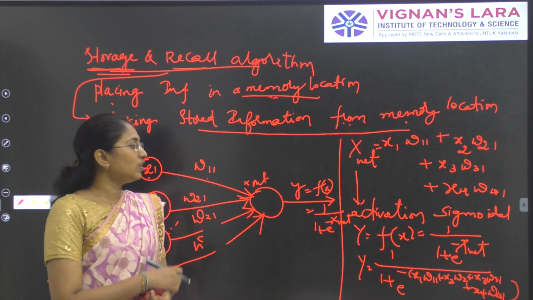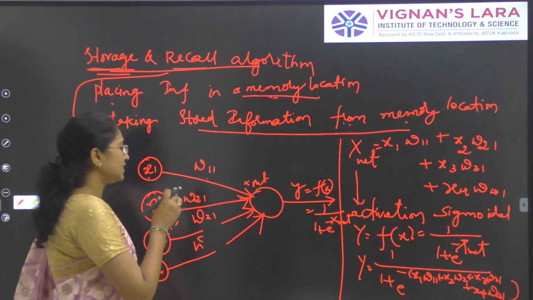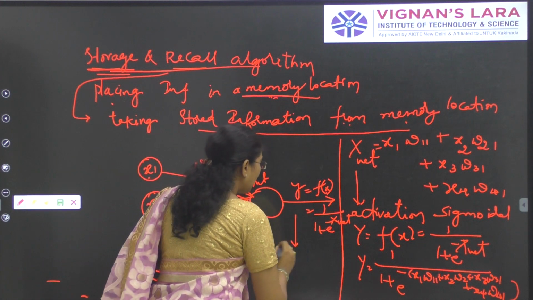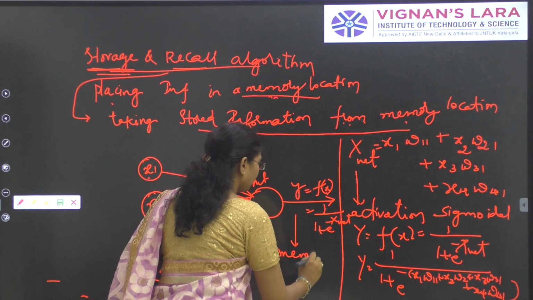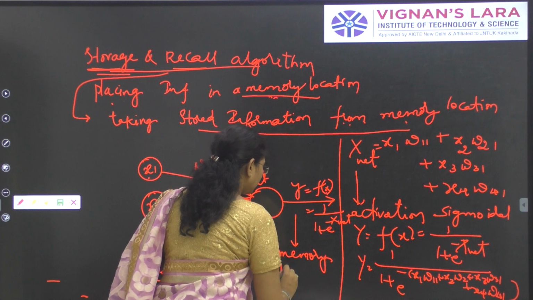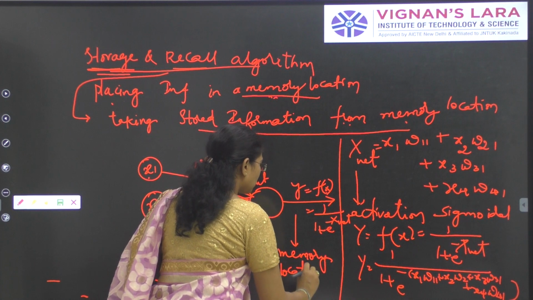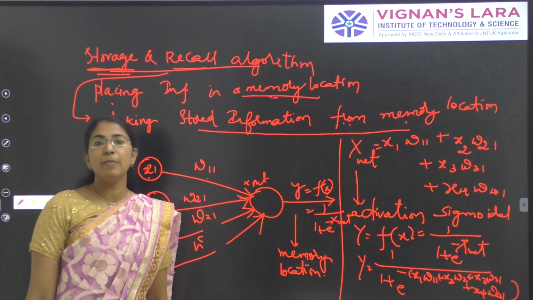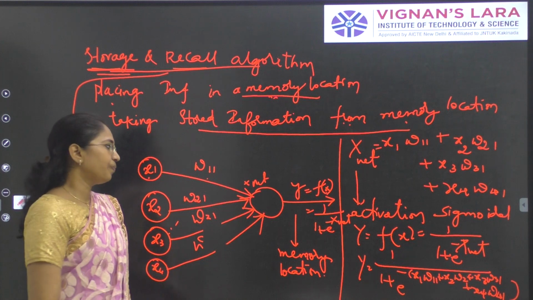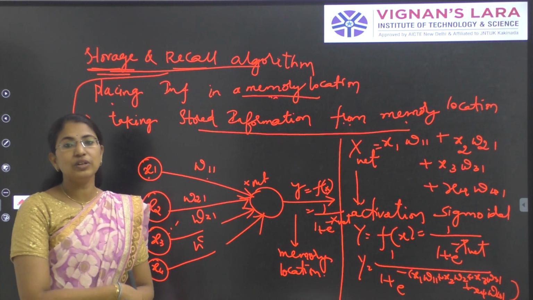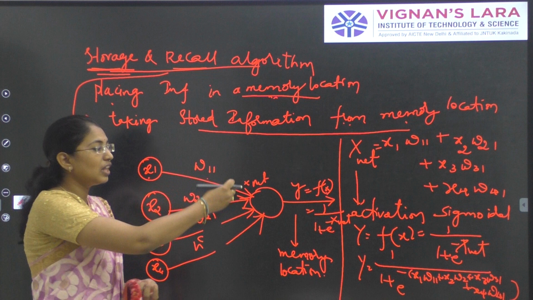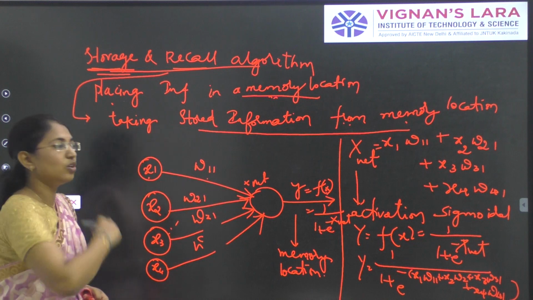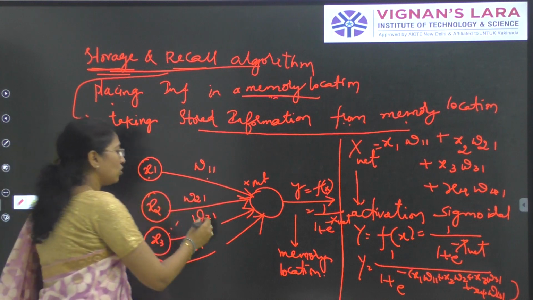Now you will store this output of the neural network in a specified memory location. Now after some time you need to recall this output into some other neural network or into the same neural network.